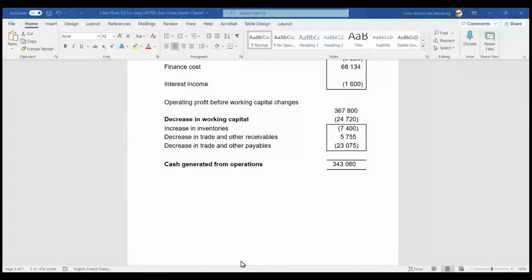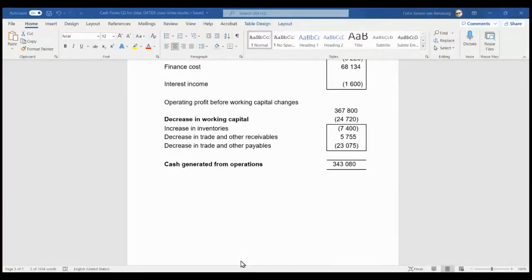Or if you want to look at it differently, you can ask yourselves: if the debtors balance is lower this year than last year, have our debtors paid us better or worse than last year, if their outstanding balance is less? They have paid us better, right?